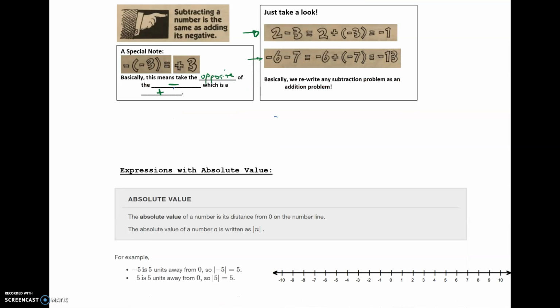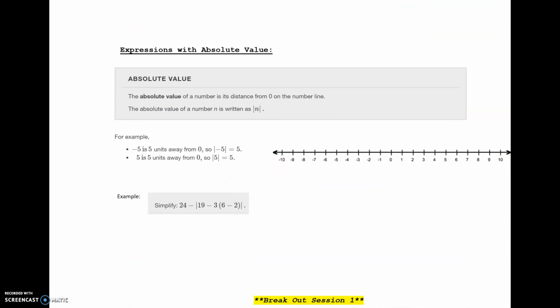Okay. Now, lastly, we're going to go ahead and talk about absolute value. We're not actually going to do this example because we haven't talked about orders of operations, which you would need for that. However, we are going to talk about what absolute value means conceptually, thinking about the big picture.